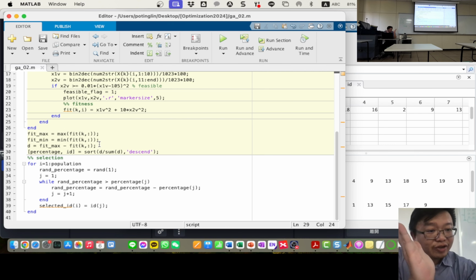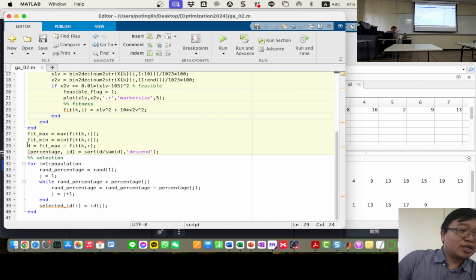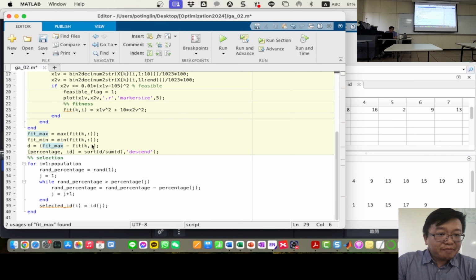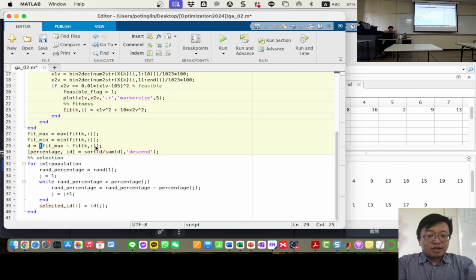If I have greater value, I want its selection percentage to be greater. I think linear order may not be good. So I can actually play a trick. Right here, I can maybe allow this value to be squared. So this D value has a square relation with my fitness. So if you have greater fitness value, I give you square opportunity to be chosen.